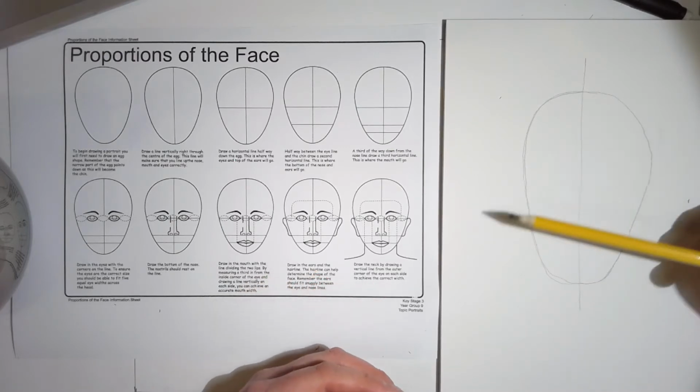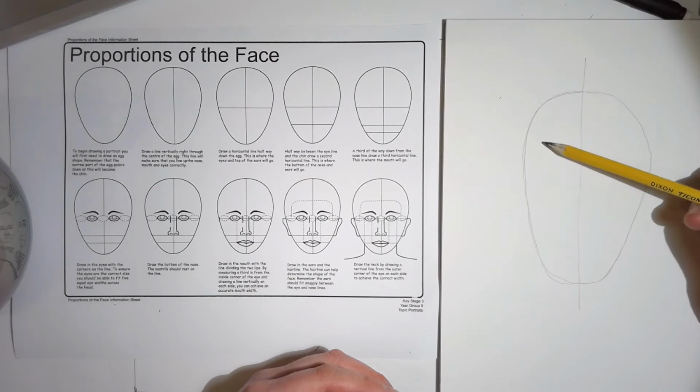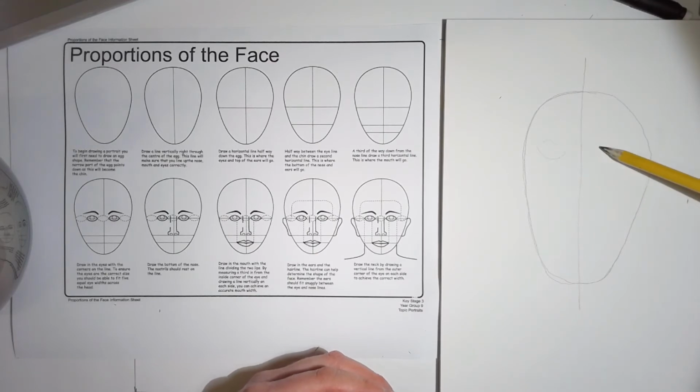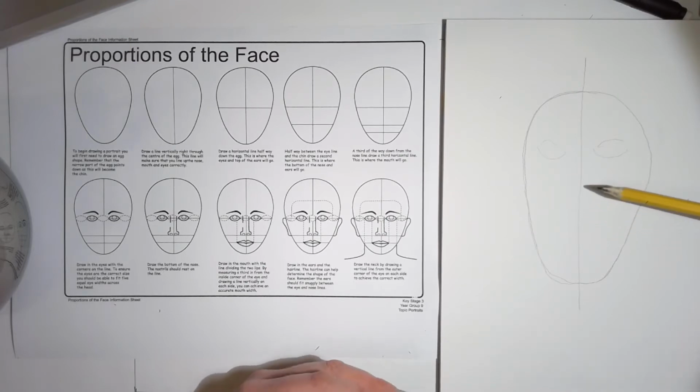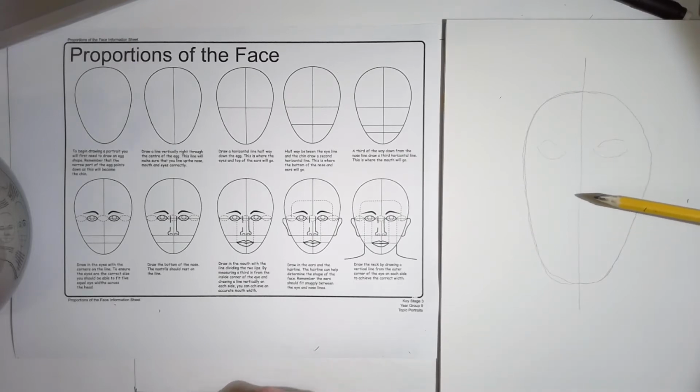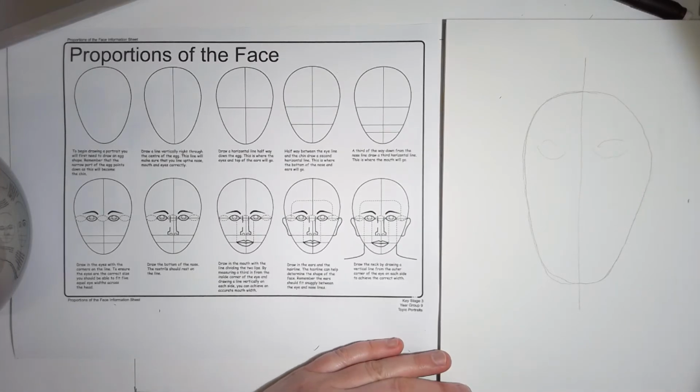The most common mistake when you first draw a head is that people start drawing the eyes way up here, because we think that the eyes are a lot higher than they actually are. And that's because of the hairline. When we look at our bangs or where our hair grows, we don't account for that being part of the proportion in the front of the face.